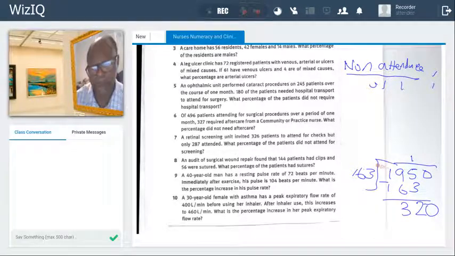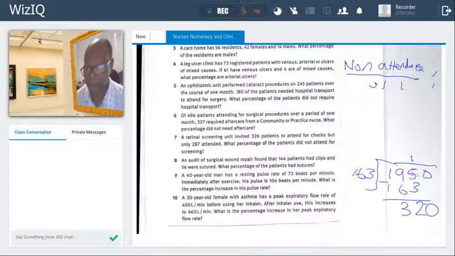If I put these numbers correctly, because this is 32 and 163 is correct here. Okay, no, the problem is here. Is it?